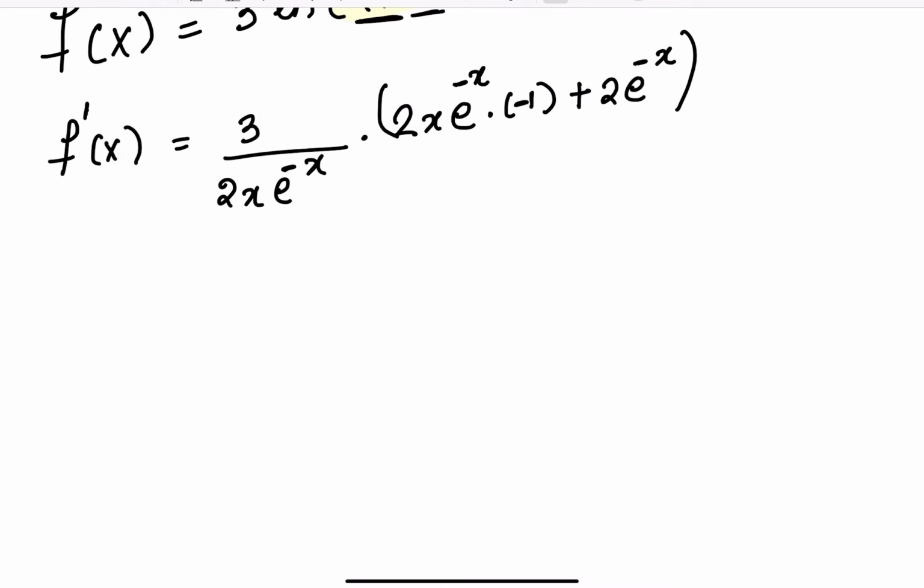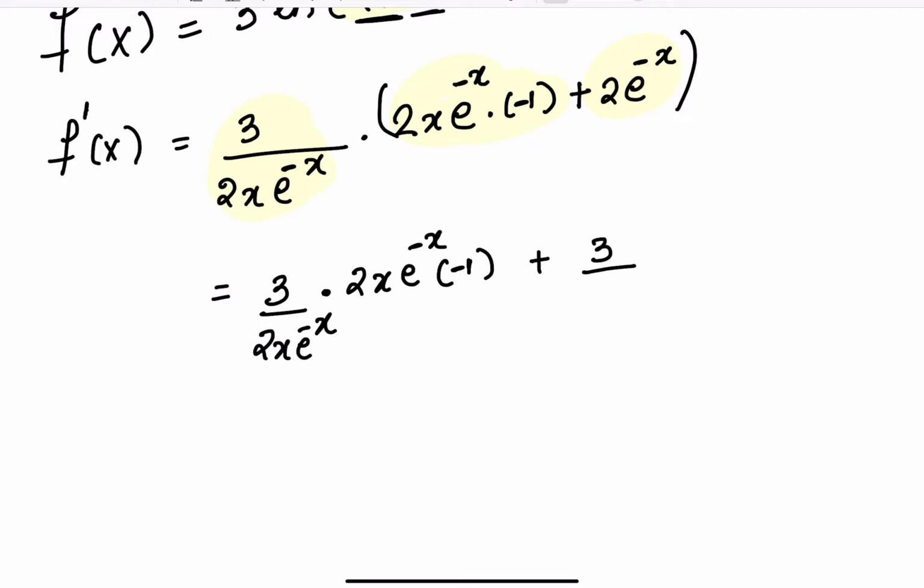Now I'm just going to multiply this whole thing with each and every term. So this is 3 over 2x e to the negative x times 2x e to the negative x times negative 1, plus 3 over 2x e to the negative x times 2 e to the negative x.